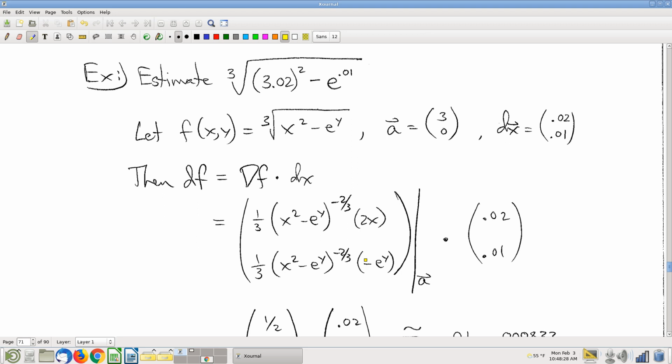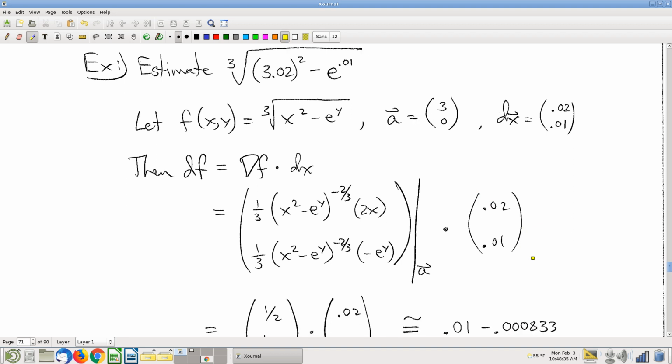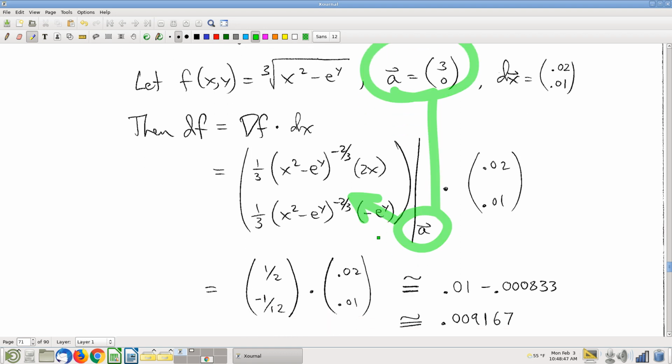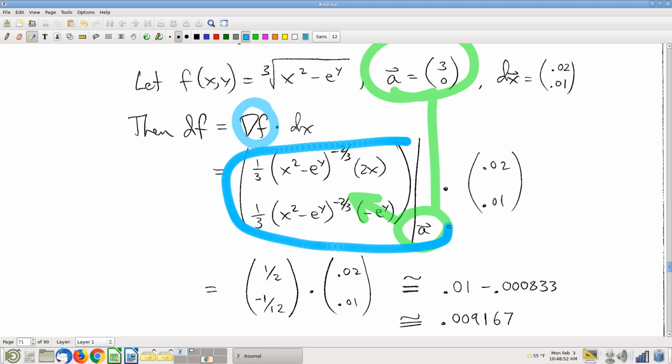Let's see here, our dx vector, right there. And so plug in some numbers. Of course, we're evaluating this gradient at the point A. So these numbers are what's going to plug into there, which makes our gradient expression turn into that.